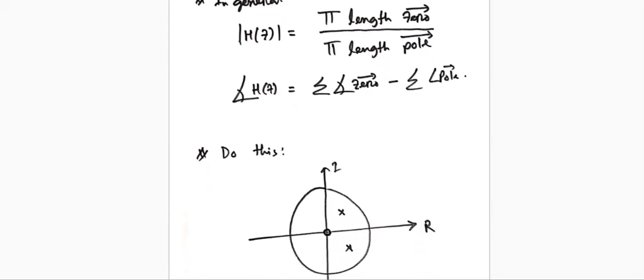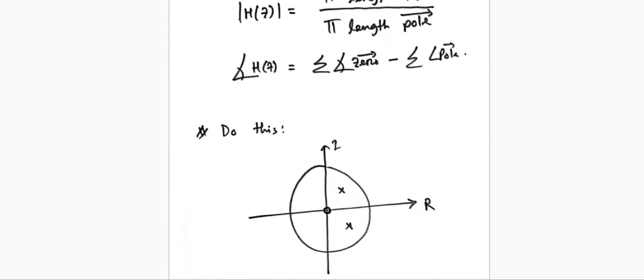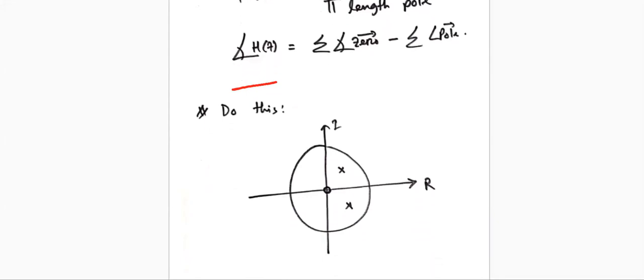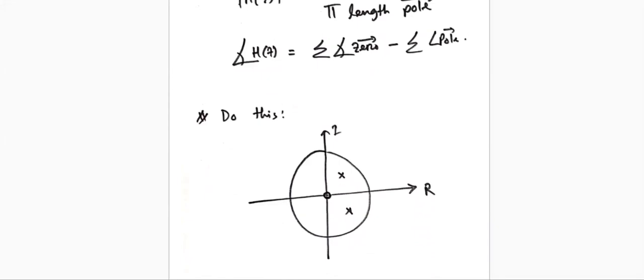Okay, so we left this part: how to calculate the phase by using the pole and zero locations. Let me choose a different example for the phase calculation.